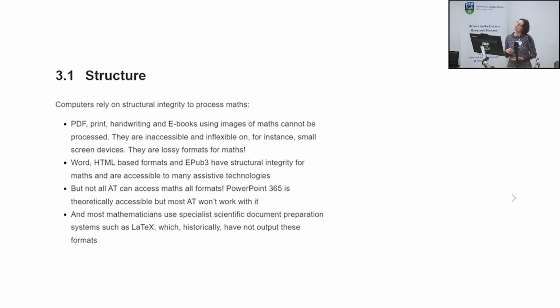So the computer relies on structural integrity in the maths, in the format in which you build it. So PDF is inaccessible, print, handwriting, ebooks which use images of maths. The computer can't process them. It has no idea of the structure of the equation. So they're inaccessible and inflexible on small screens. They effectively are lossy formats for the mathematical content.